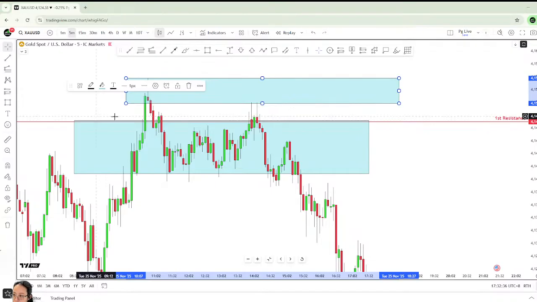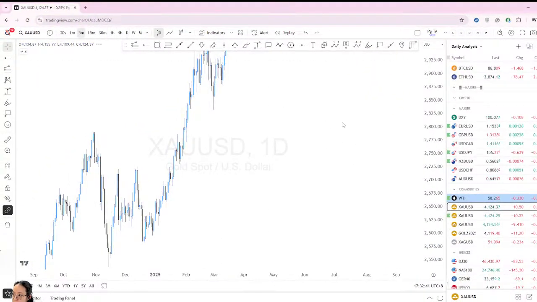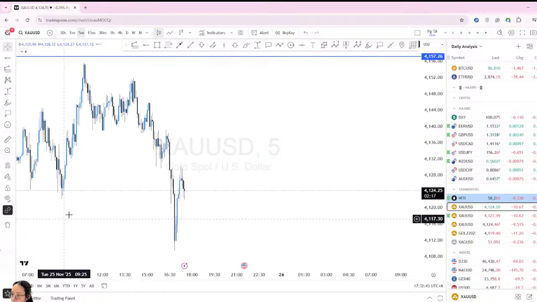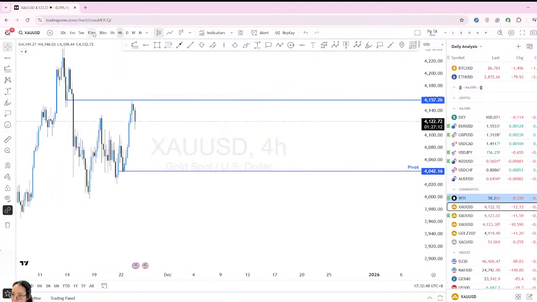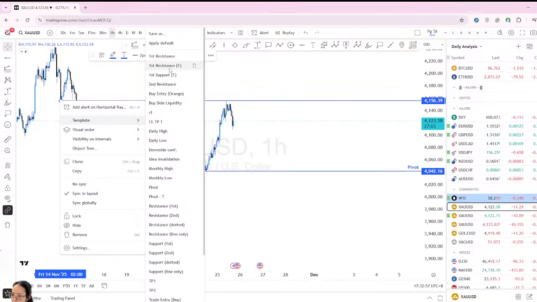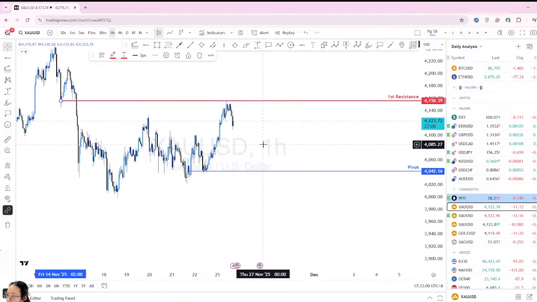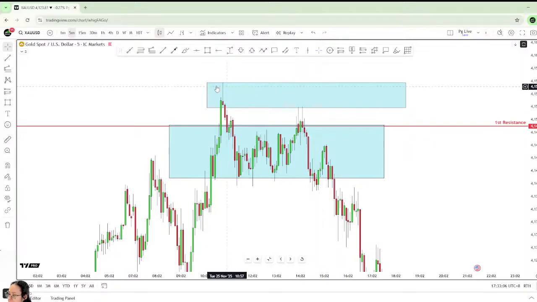Let me show. Okay, here. Price went up to the resistance level. These are the resistance levels, for 4155.50.